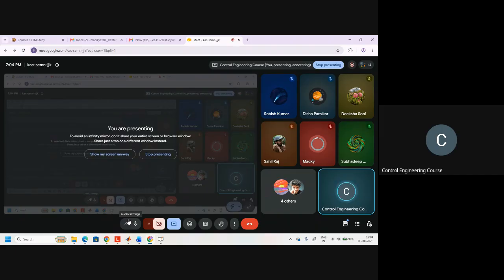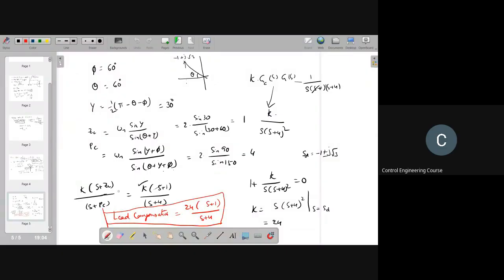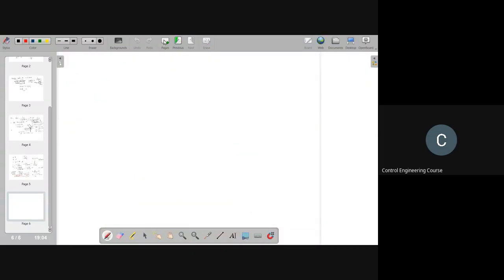In that case, we need to use a cascade compensator. That means we need to design two compensators, a cascaded compensator. We use this if phi is greater than 70 degrees, or 60 degrees at max.